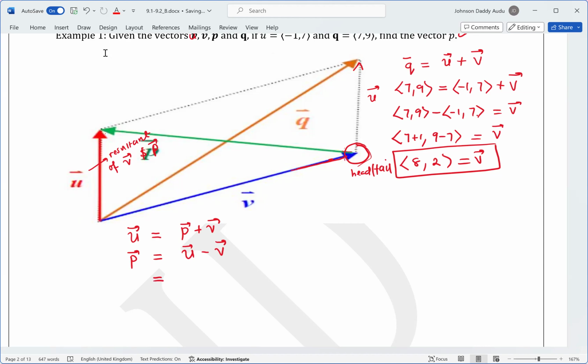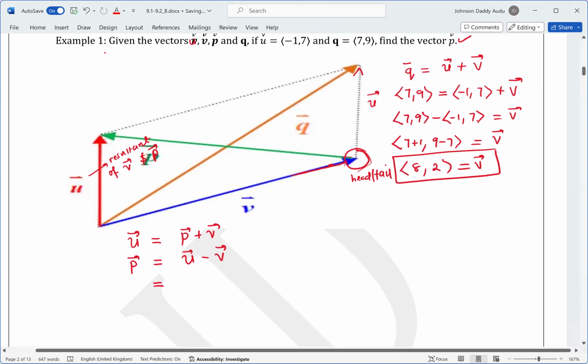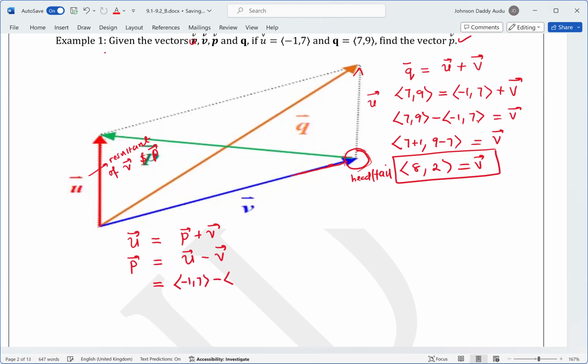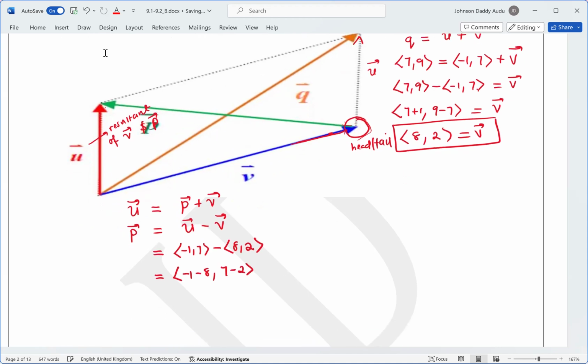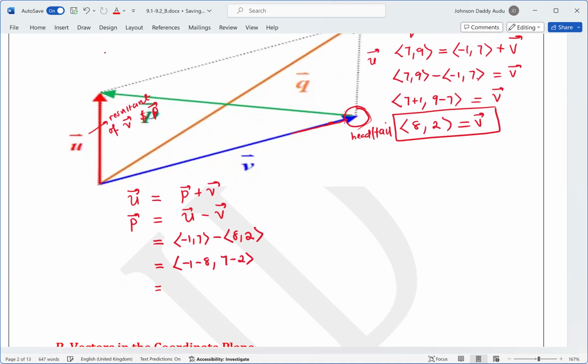We already know U is given as minus 1, 7, minus V, which is 8 and 2. So this is going to be minus 1 minus 8, comma, 7 minus 2, right? And this is going to be minus 9 and, I think, minus 9 and 5. So this is vector P.